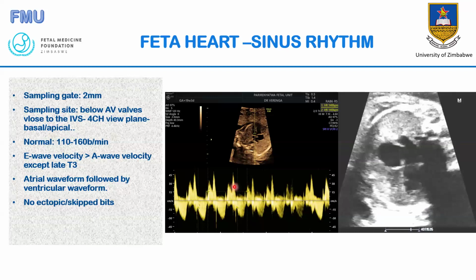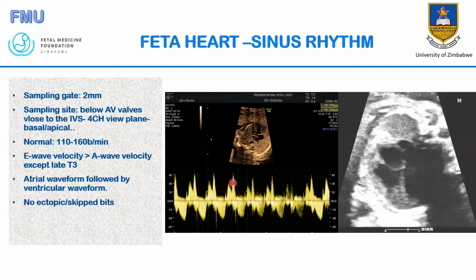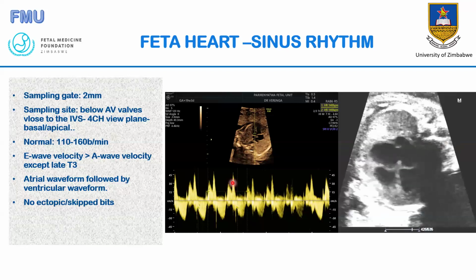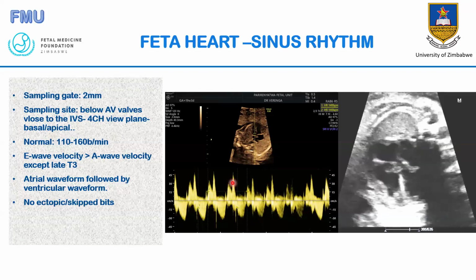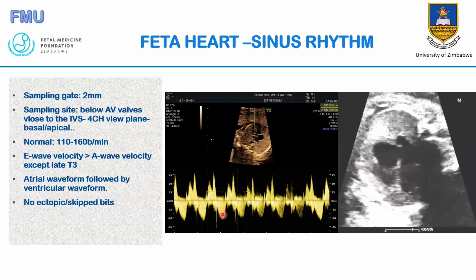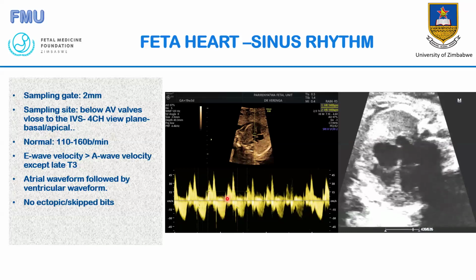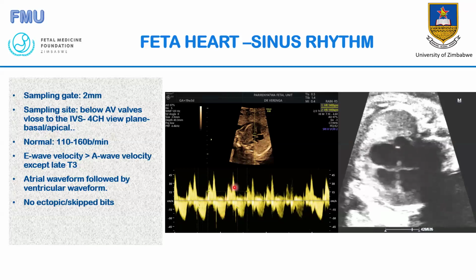It's only in very late third trimester that the E and the A wave may get fused, or the E wave may be of the same height as the A wave, or may slightly overtake it. We're talking of late third trimester. Why late third trimester? Because extrauterine, if we are to do everyone's heart who is in this meeting, the E wave is taller than the A wave. So this is only an intrauterine situation.